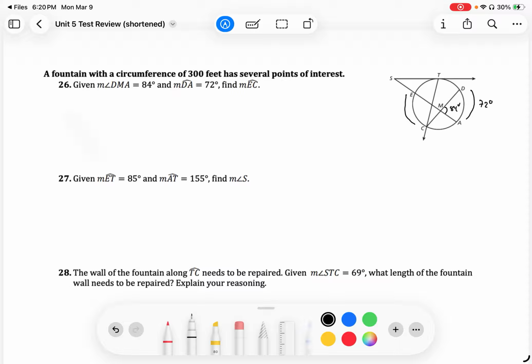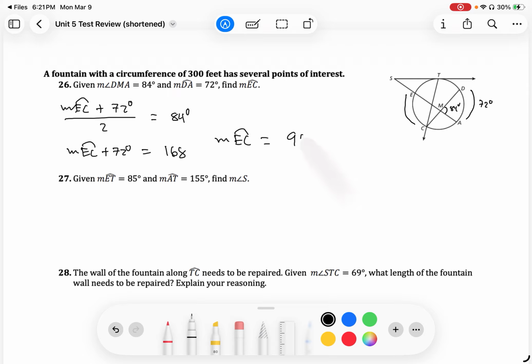So I know that if I average the measure of arc EC and the measure of arc DA, which is 72 degrees, I get the angle in the middle. So the measure of arc EC plus 72 degrees equals, multiply by 2, 168. The measure of arc EC is equal to 168 minus 72, which is 96 degrees.